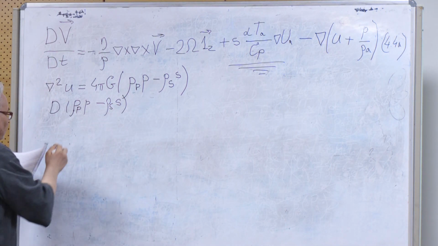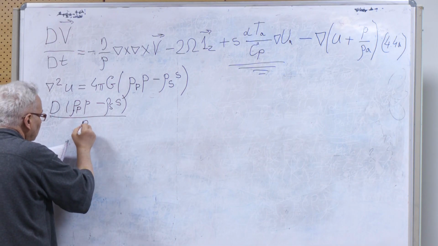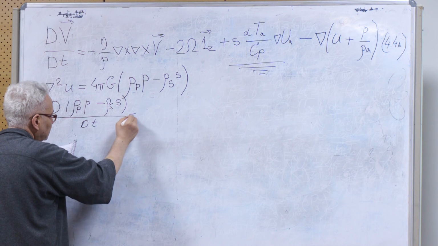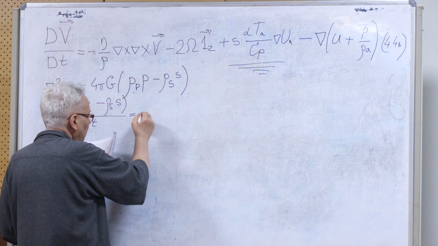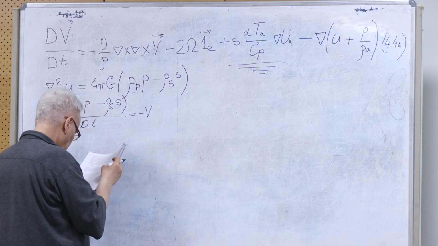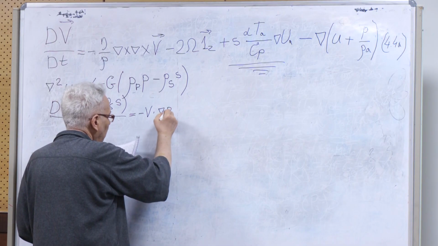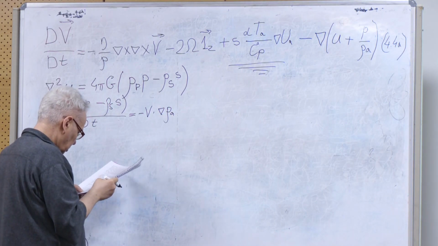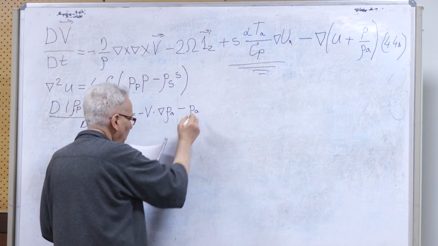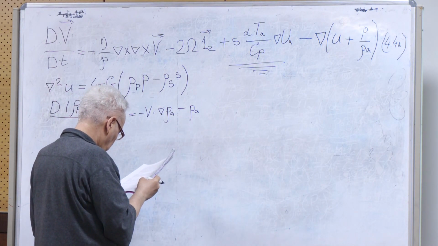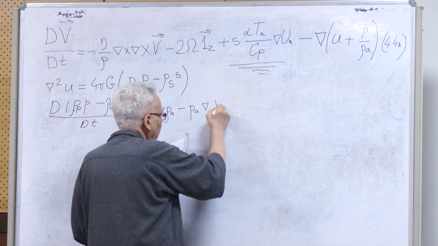And after differentiation with respect to time in the substantial derivative, we obtain the simple relation: minus v dot grad rho a, minus rho a divergence of v.